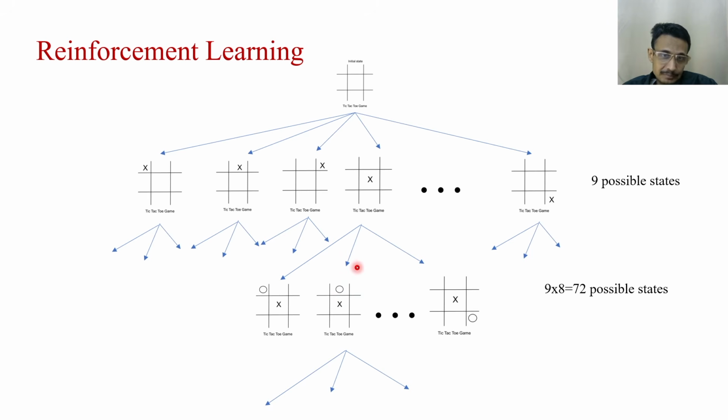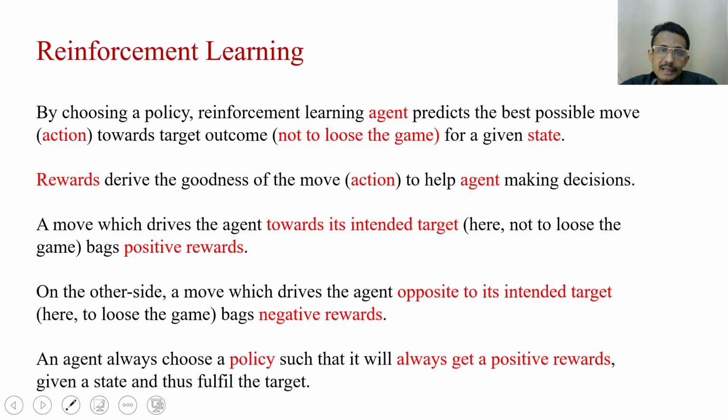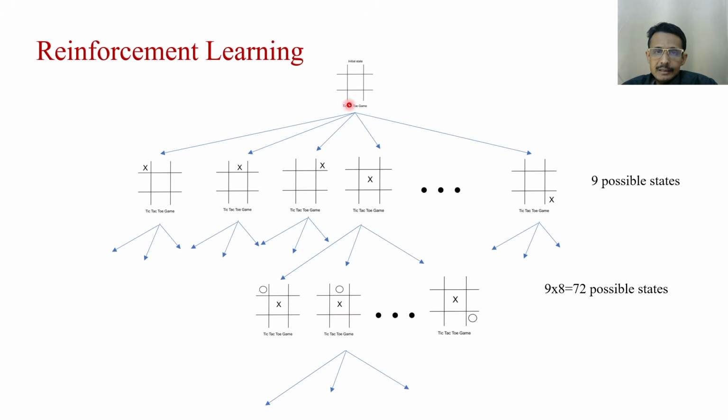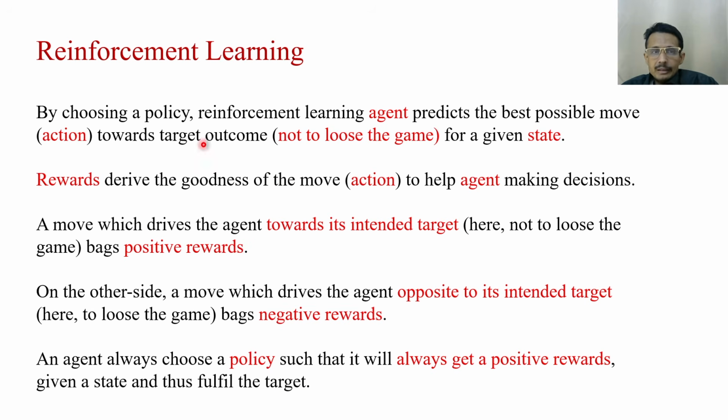So reinforcement learning is basically choosing some policy. It's a path, from here to here, here to here, and so on. By choosing a policy, the reinforcement learning agent predicts the best possible move, the best possible action, towards the target outcome, here not losing the game, for a given state.